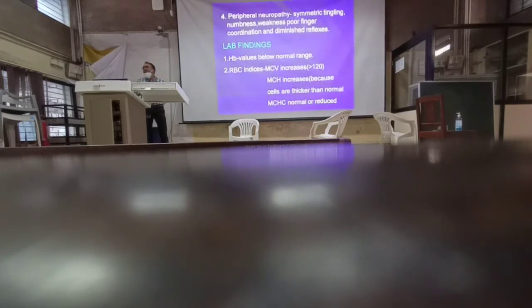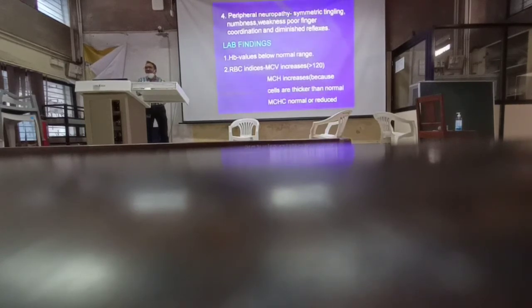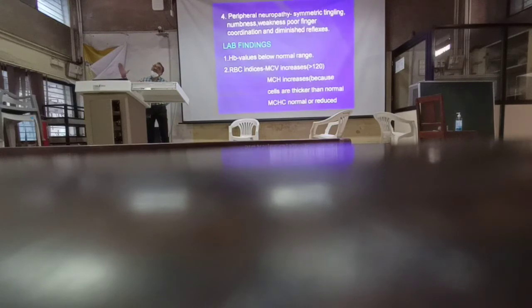Other macrocytic anemias have MCV enlarged or increased, but not up to that extent, that it is more than 120. More than 120, it is more likely that the patient has vitamin B12 deficiency. And other macrocytic anemias will have an increased MCV. The normal range is 78 to 98.